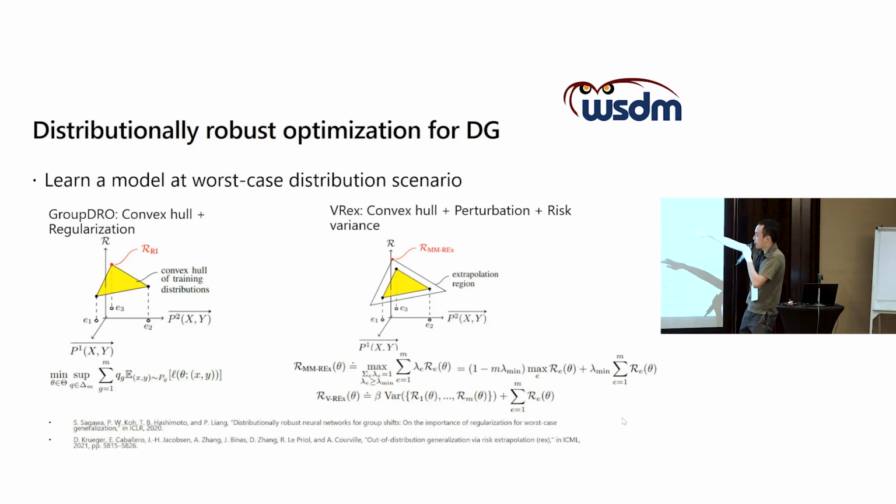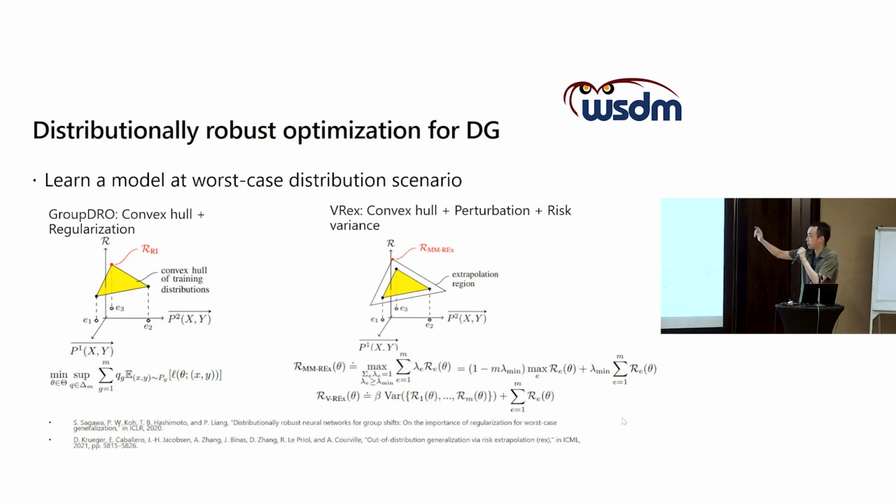But the problem for this work is that only the convex hull is considered. For domain generalization, you can imagine that this convex hull may not be optimal, because the testing data can always lie outside the convex hull.